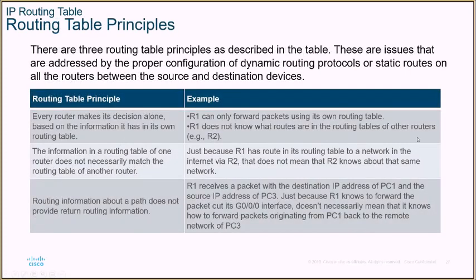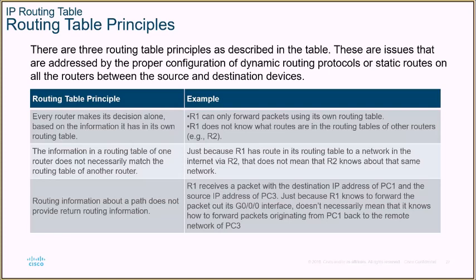Now, routing table principles. There are 3 routing table principles as described in this table. These are issues that are addressed by the proper configuration of dynamic routing protocols or static routes on all routers between the source and destination devices. Every router makes its decision alone based on the information it has in its own routing table. And so, just because router 1 knows how to find a destination doesn't mean router 2 knows. And of course, every router between source and destination needs to know that information to be able to forward packets.